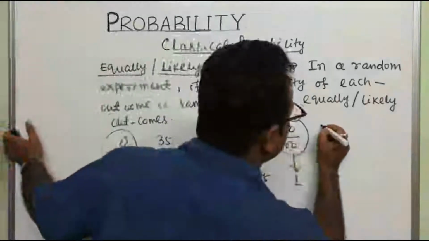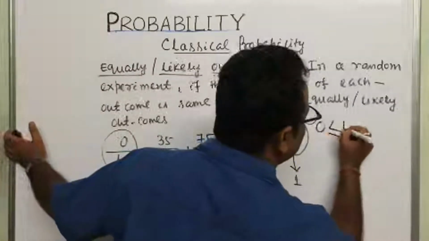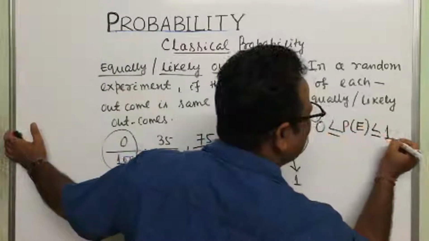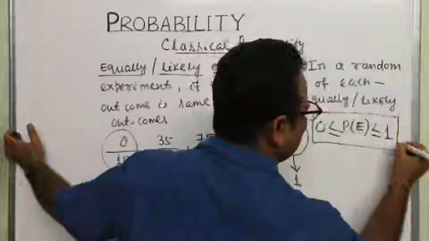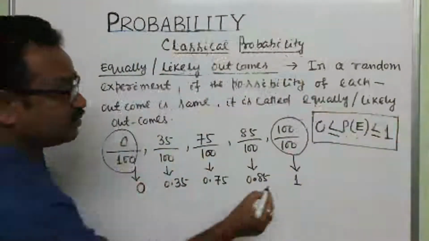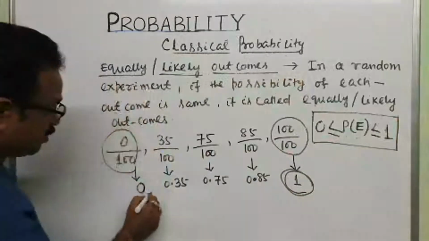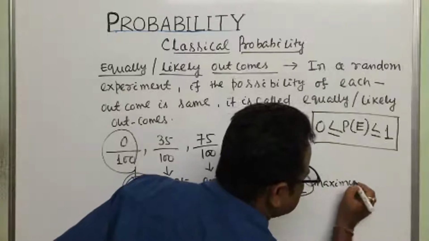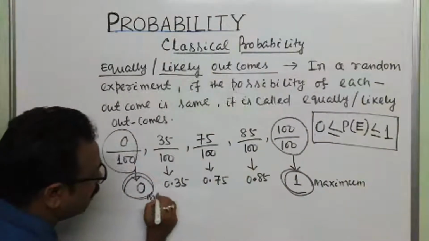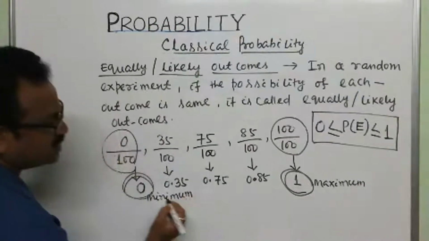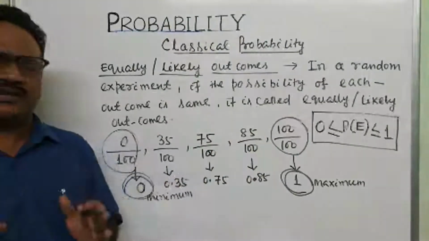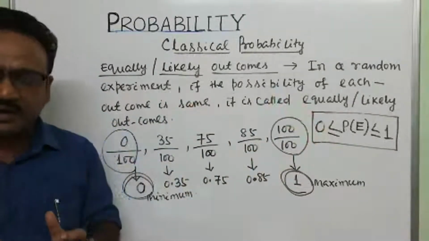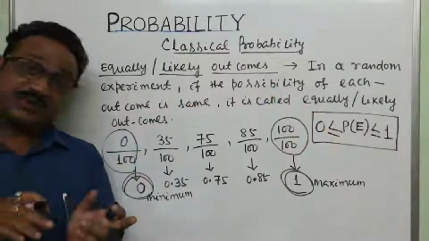So we can conclude 0 less than or equal to probability of an event P(E) less than or equal to 1. Maximum value 1, minimum value 0, and the others lie between 0 and 1.